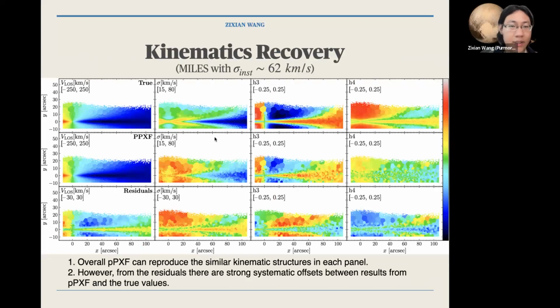And the other reason is more intrinsic, and is due to the spectral resolution. For all the tests, I use the MILES spectral resolution, with an equivalent instrumental dispersion of about 62 or 65 kilometers per second. But my dispersion ranges from 15 to 80 kilometers per second. So there are some bins with velocity dispersion less than this threshold, and that will cause an issue.